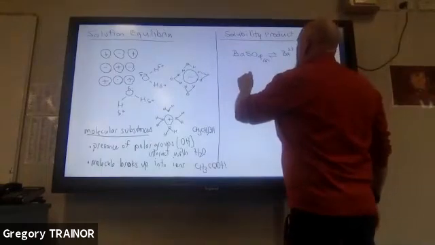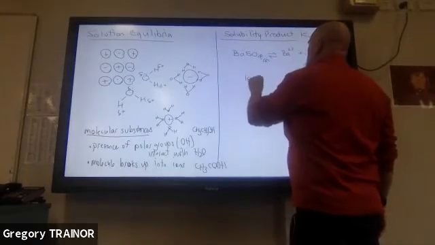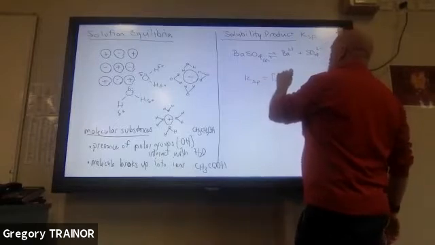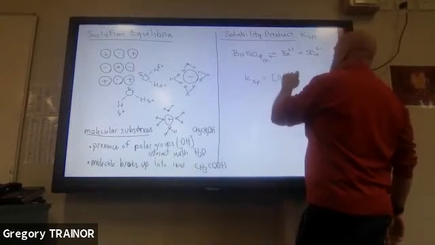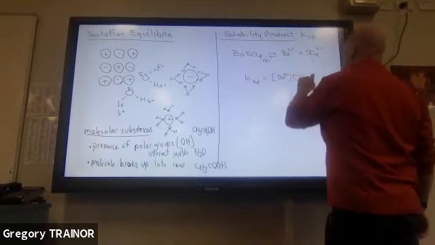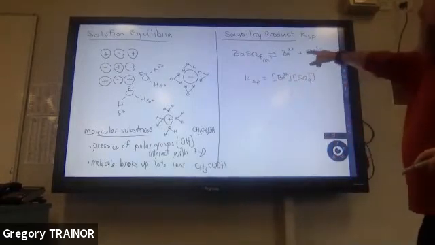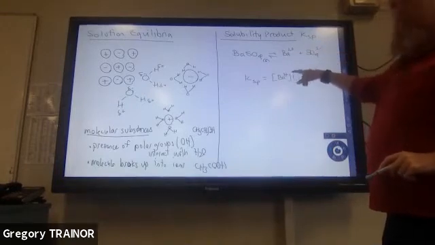So K in this case is going to be equal to the product of Ba2+ times SO4 2-. Because they're in a 1-to-1 ratio, there's no indices.